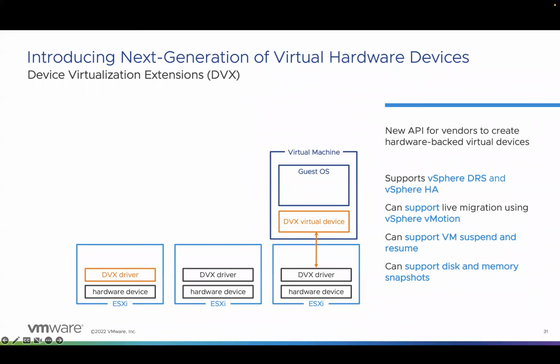So you get all those great benefits of vMotion, but you're still consuming physical hardware that's being passed through, for lack of a better term, to the virtual machine. Whereas in previous releases, even with dynamic direct path IO, you only had that for initial VM placement or vSphere HA failover.